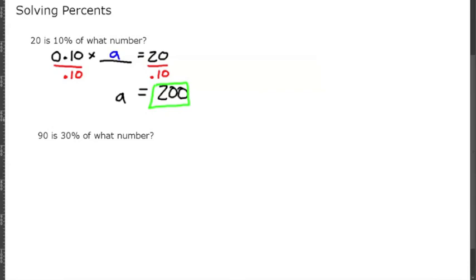So let's say I ask you, 90 is 30% of what number? So that's saying that 90 is equal to 30% converted to a decimal, so 0.3, times some number that we don't know. Let's just call this number b. So to solve for b, we're going to divide by 0.3 on both sides.